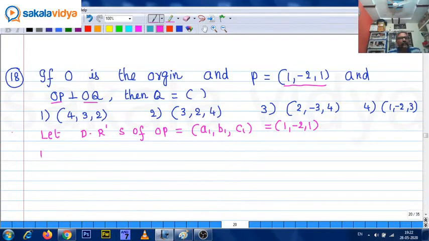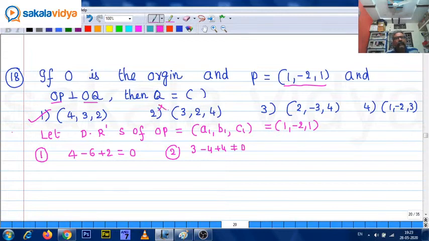For example, let us go to the first option now. You try A1 A2: 1 into 4, 4 minus 6 plus 2, equals 0. Yes, the first option is the right option. You can even try the second option: 3 minus 4 plus 4 does not equal 0.